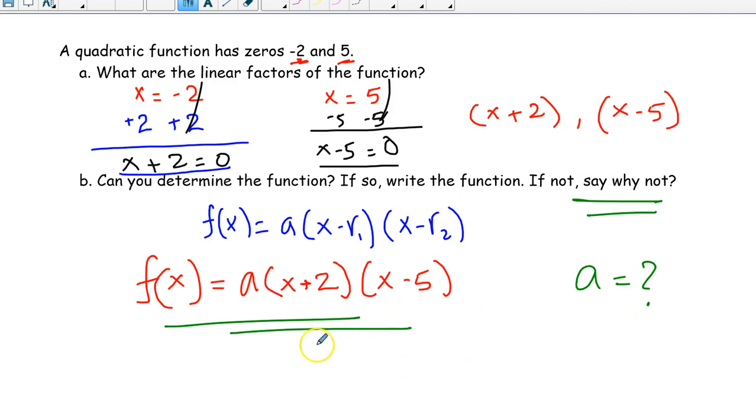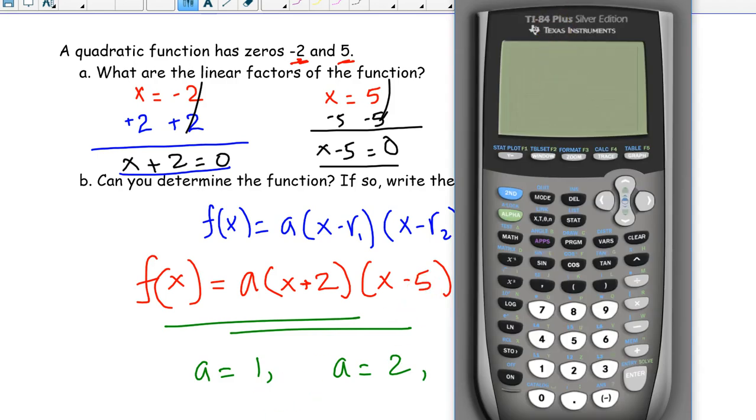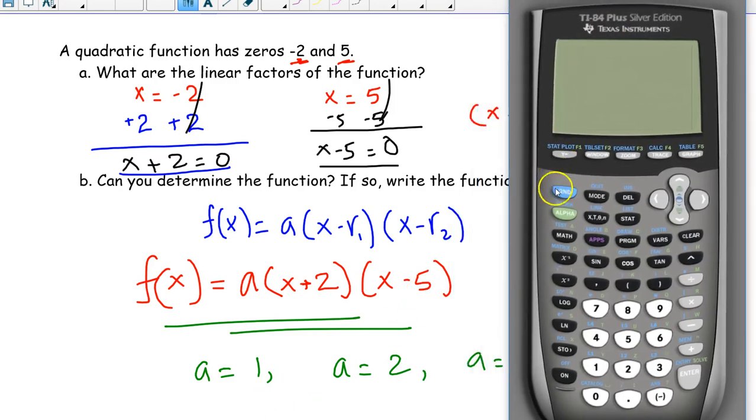I'll just take an example. Suppose if I take a is equal to 1, how your graph is going to be when a is equal to 2 or a is equal to -3. Different cases. Let me show you for your convenience and better understanding. Let me turn it on. Clear it, clear off everything.